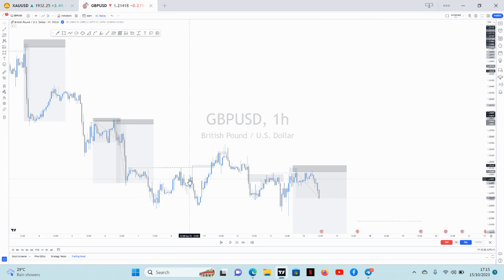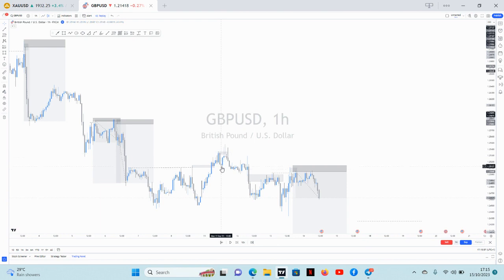It failed completely, because this was the first sweep. After price grabbed this liquidity inside the fair value gap, it gave a market structure shift right here. But then coming back, it failed and kept consolidating.